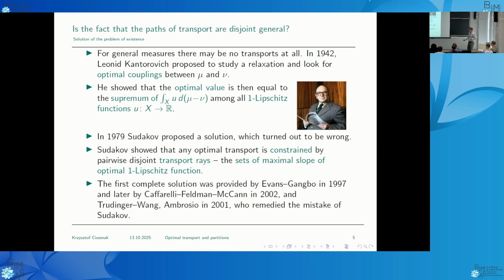Actually, the first complete solution was presented by Evans and Gangbo in 1997. They used completely different methods, yet they still used this notion of transport rays, but their methods relied very much on partial differential equations and so-called p-harmonic maps. They considered these p-harmonic maps, took p to infinity, and found a solution through consideration of infinity harmonic functions.